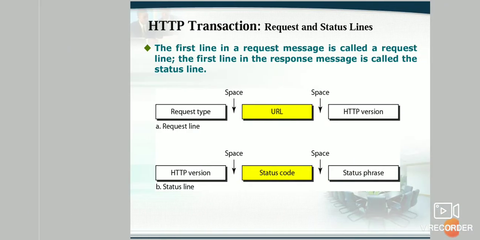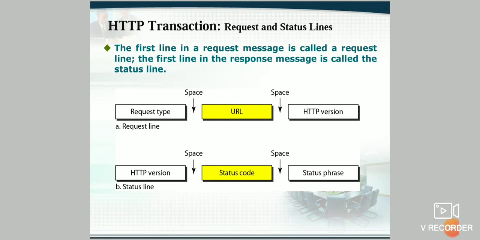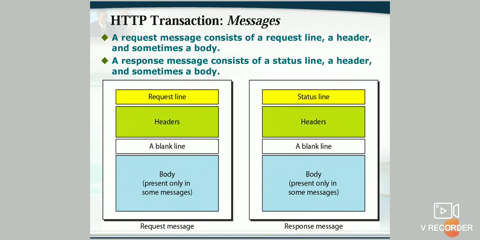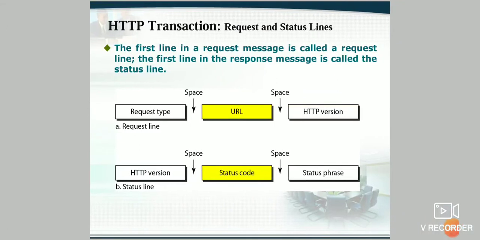Now the request line consists of the request type, URL, and HTTP version. All these we have discussed. Next is the status line. The status line is in a response message, and the status line consists of HTTP version, status code and status phrase. All these we have discussed.